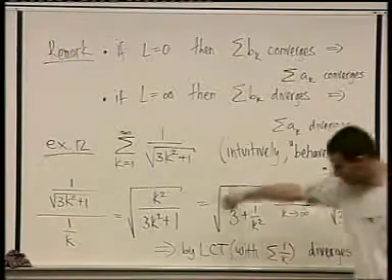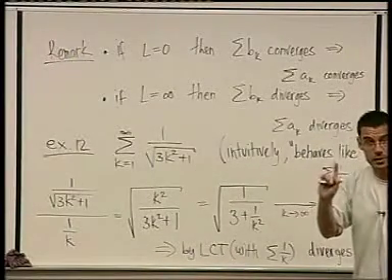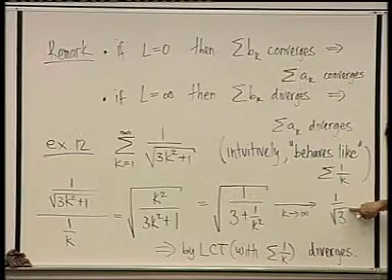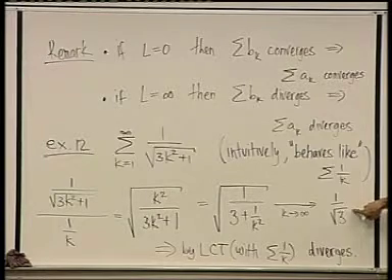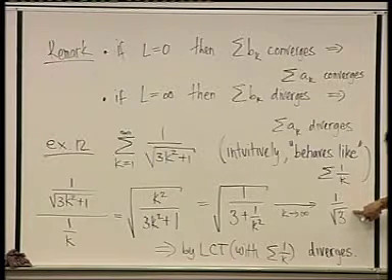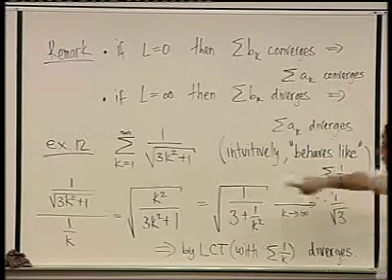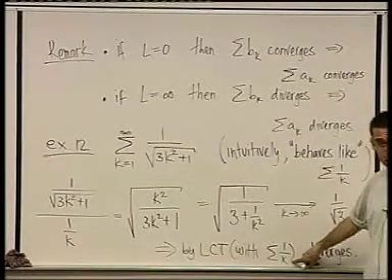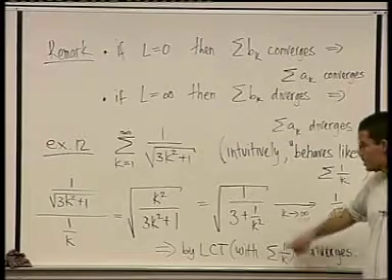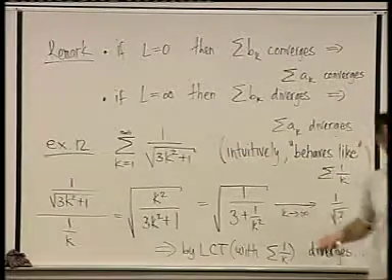I compared the sequences, the quotient of the sequences, ak over bk, has a finite limit. Therefore, this converges if and only if this converges. We know that this diverges, therefore this diverges.